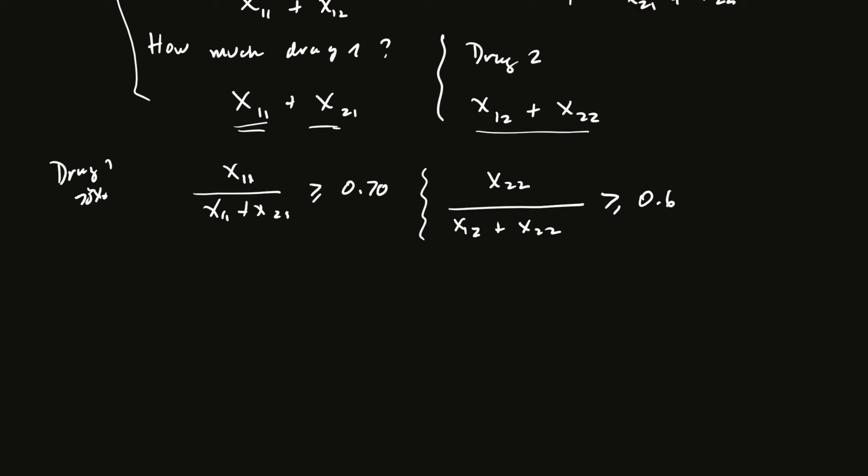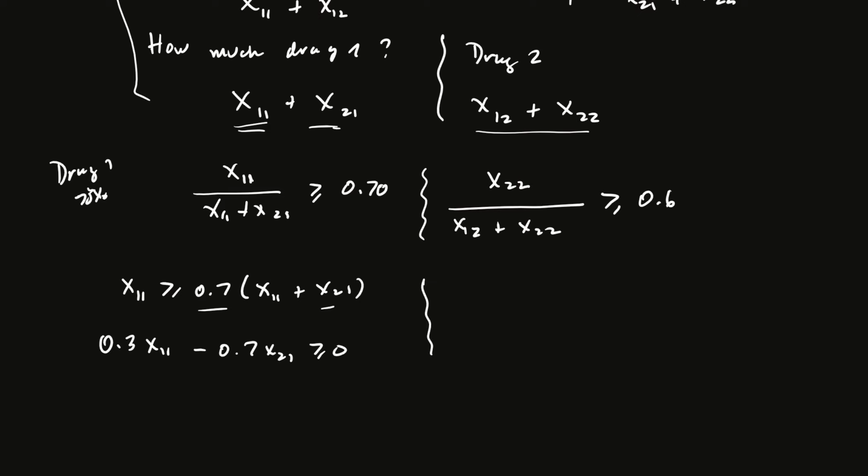Now, of course, notice that these are not of the usual constraint form. We would have to rewrite this as X11 is greater than or equal to 0.7 times (X11 plus X21). To get this in standard form, 1 minus 0.7 would be 0.3 X11, and then 0.7 times X21 goes over as a negative, greater than or equal to 0.